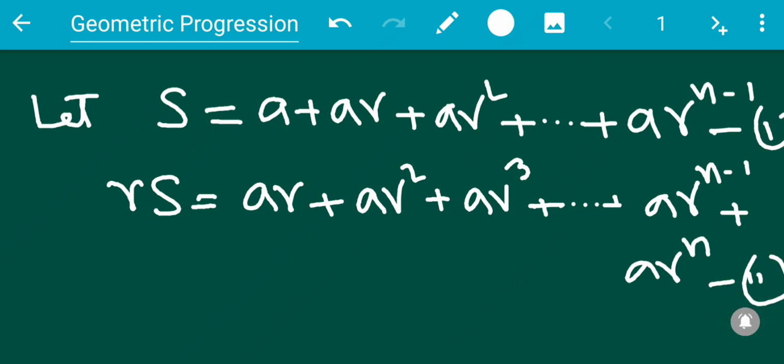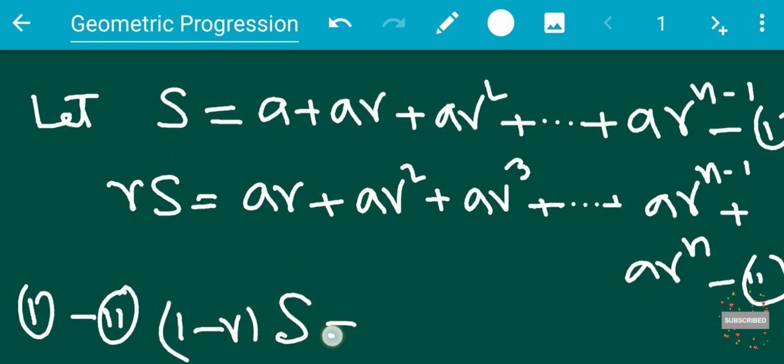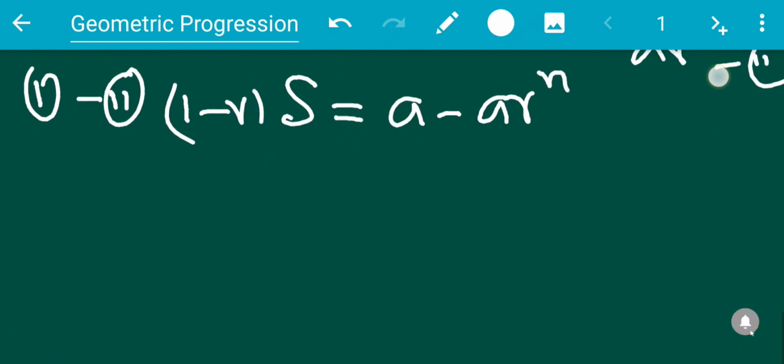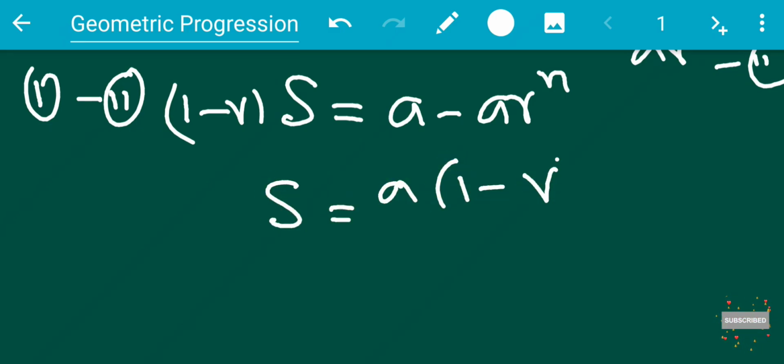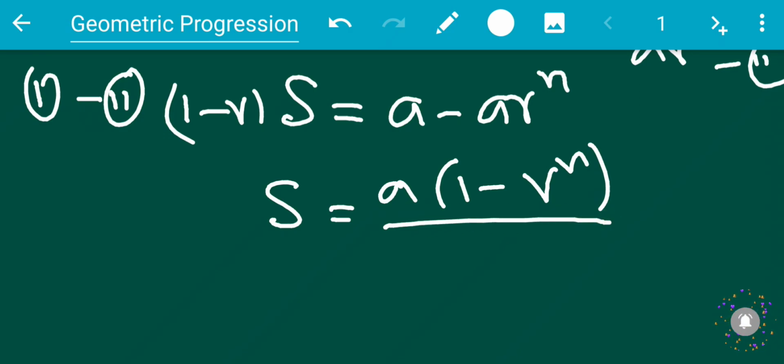Now if I write 1 minus r, this will be (1 minus r) S, and now if we subtract from the first all the terms of the second, we are left with a minus ar to the power n. Okay, so finally we are left with S equal to a(1 minus r to the power n) divided by 1 minus r.